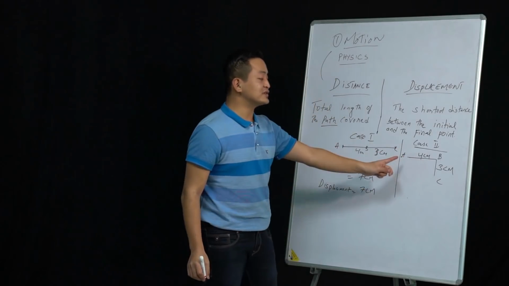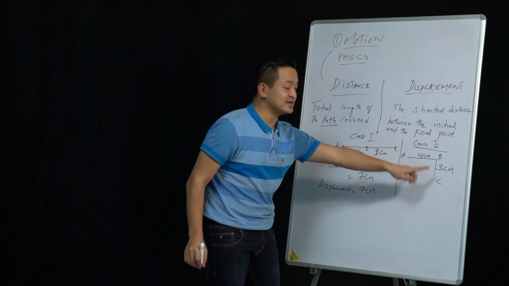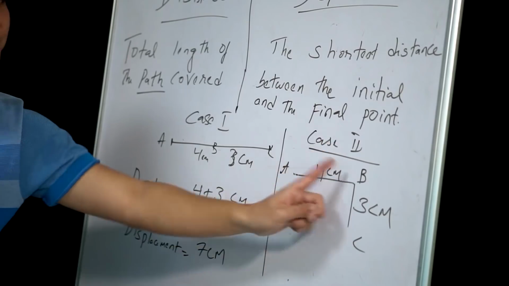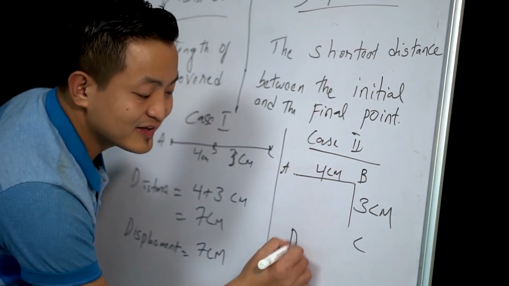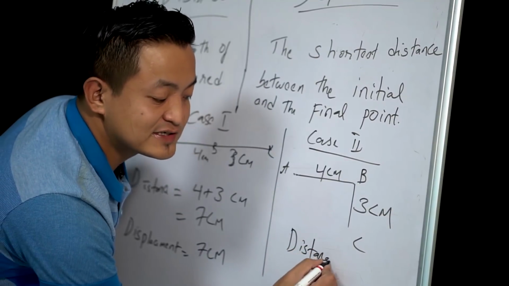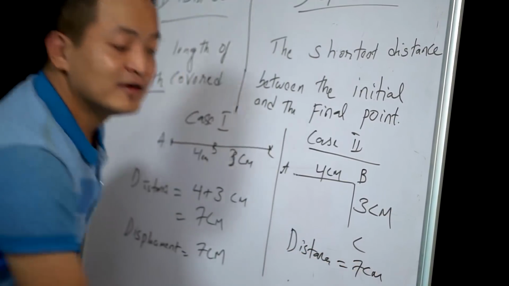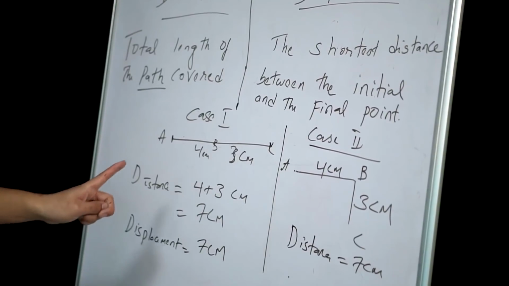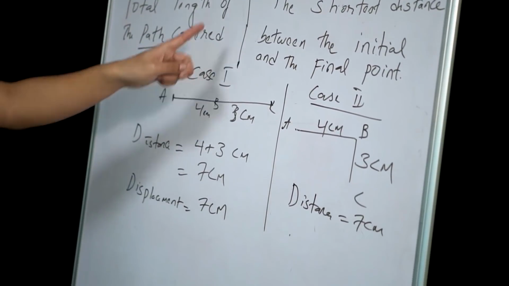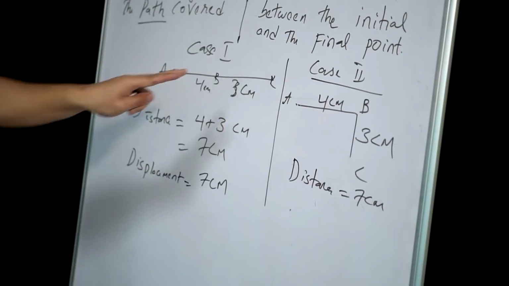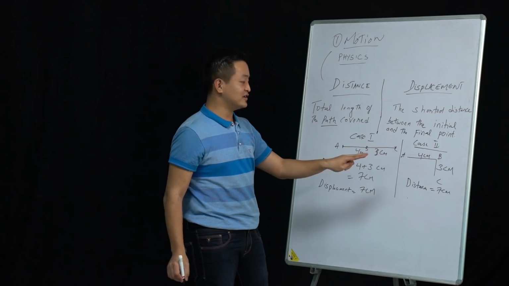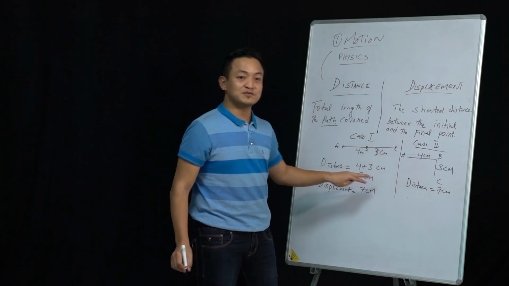Here, what is the total distance from A till C? We have to cross A, B, and C. So the distance is going to be 7 centimeter. One thing you notice from case 1 and case 2 is that in both cases, the distance is not changing, and it is 7 centimeter.